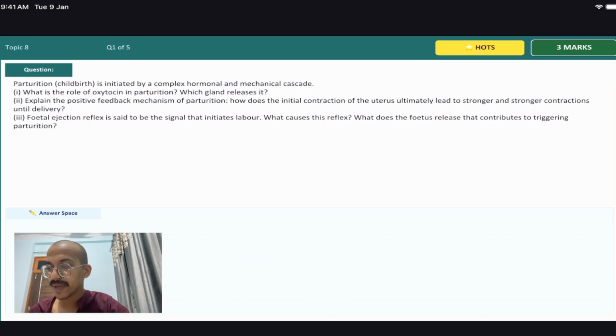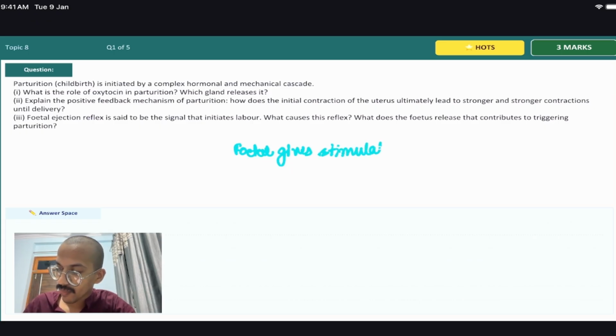Explain the positive feedback mechanism of parturition. How does it initiate contraction of the uterus, leading to stronger and stronger contractions until delivery? So first, what happens? The fetus gives stimulation to the hypothalamus of the mother.